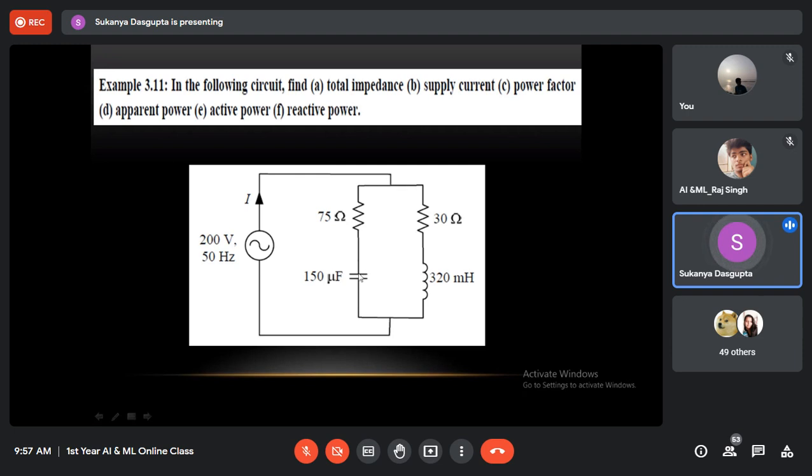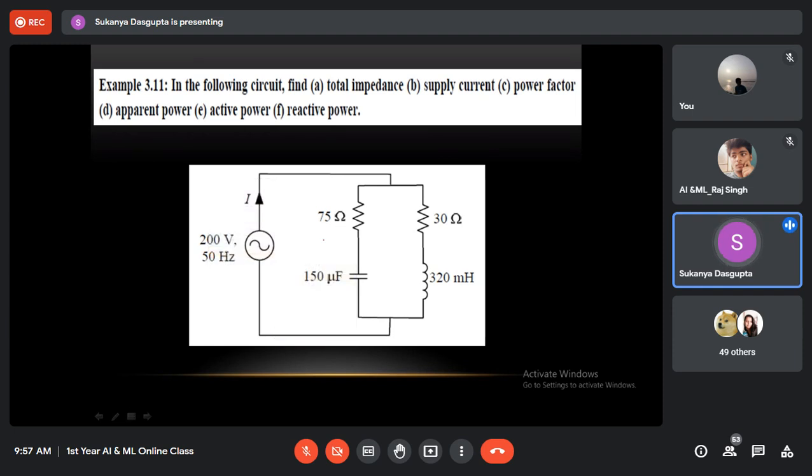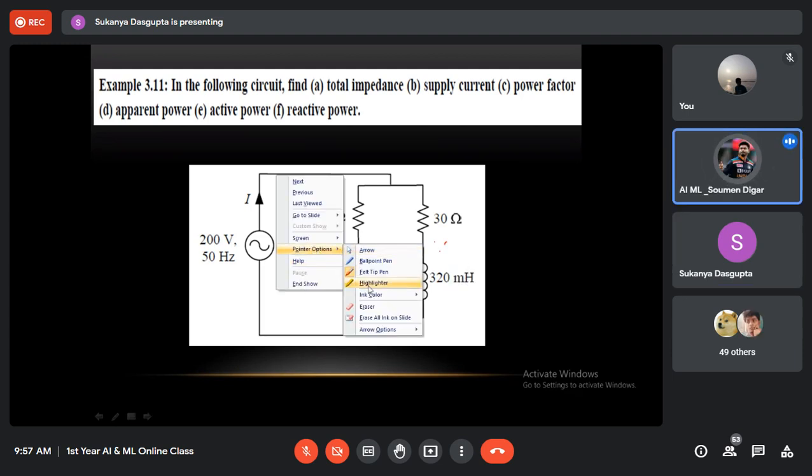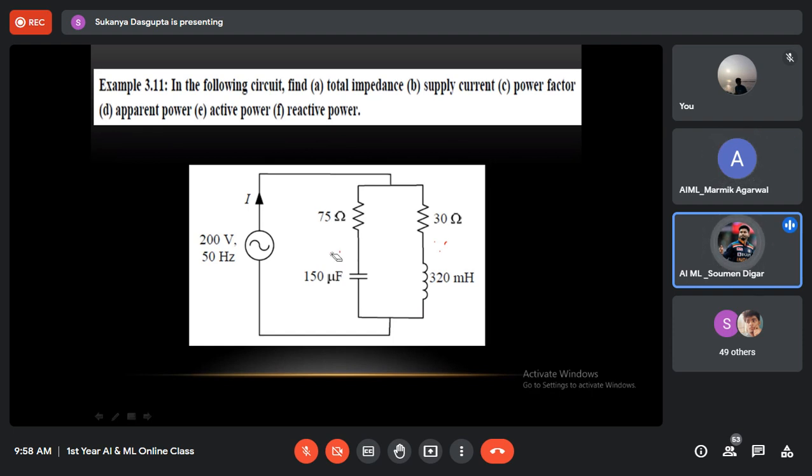So the first branch impedance Z1 will be calculated as... who can tell me the generalized expression of impedance of the first branch, Z1?